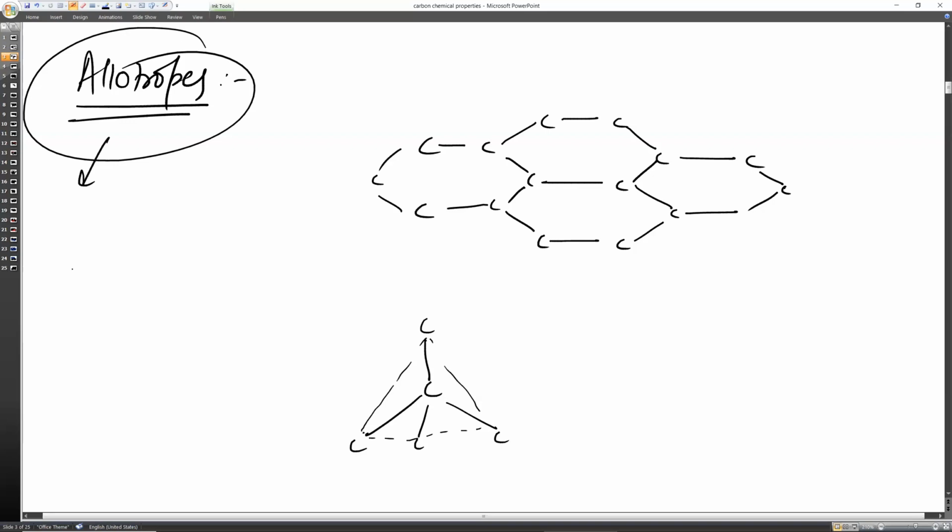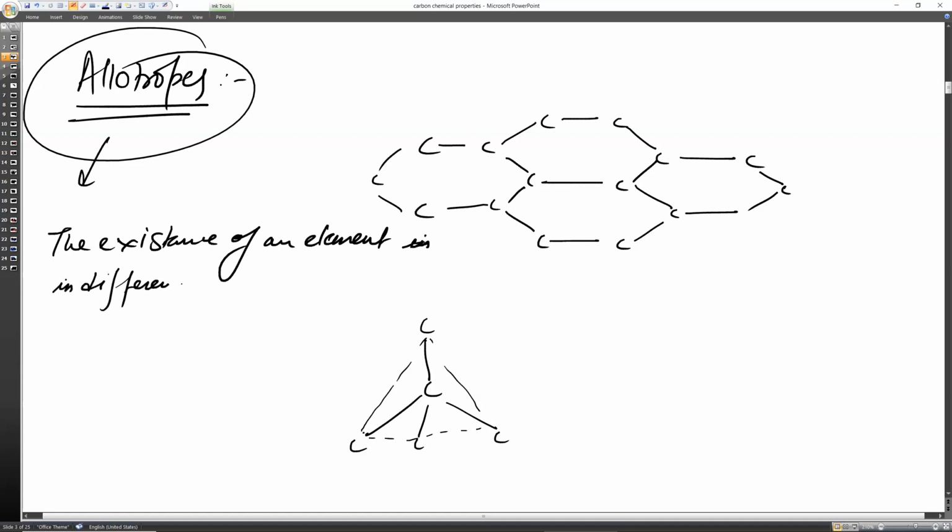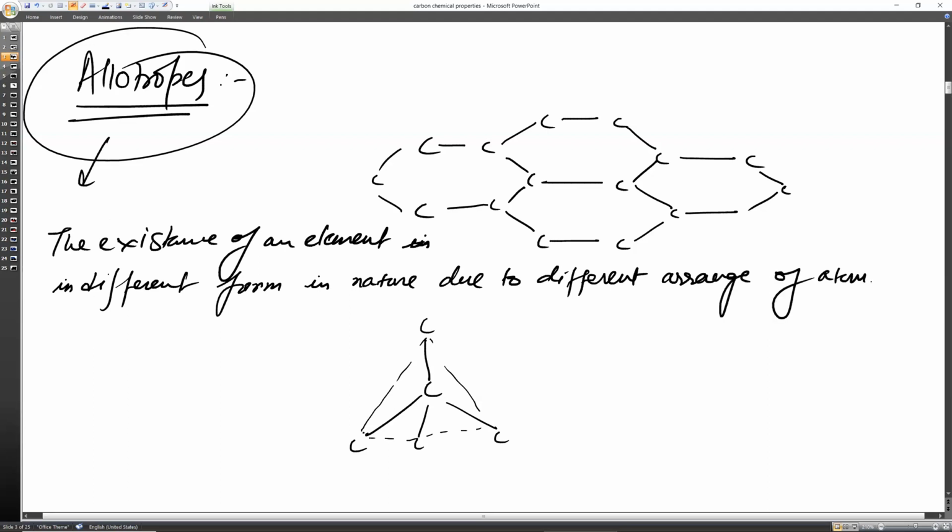You have to write it, this is the very important line that you have to mention: the existence of an element in different forms in nature due to different arrangement of atoms.